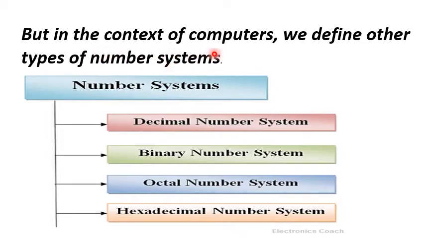But when we talk about computers, there is a number system and it has four basic types, and these types are decimal number system, binary number system, octal number system, hexadecimal number system. These four are the basic types of number system, from which we will be learning about decimal number system and binary number system. Octal number system and hexadecimal number system you will be learning in maybe the next class. Okay, so we are going to start decimal number system first.